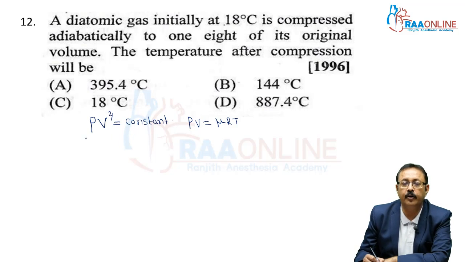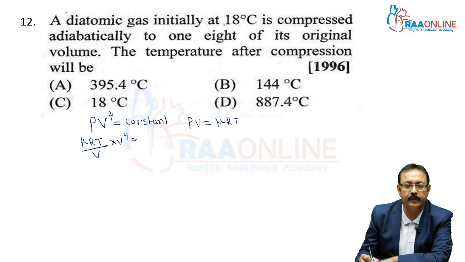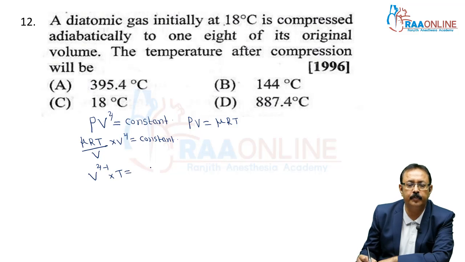So put the value of P, mu RT divided by V, into V raised to the power gamma is equal to constant. Mu and R are constant. So what we are getting? V raised to the power gamma minus 1 into T should be constant.